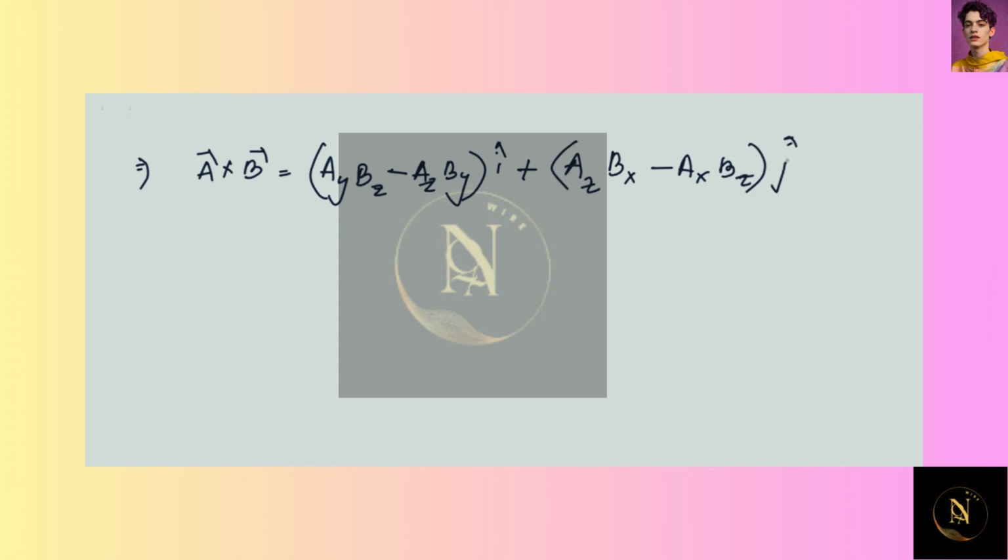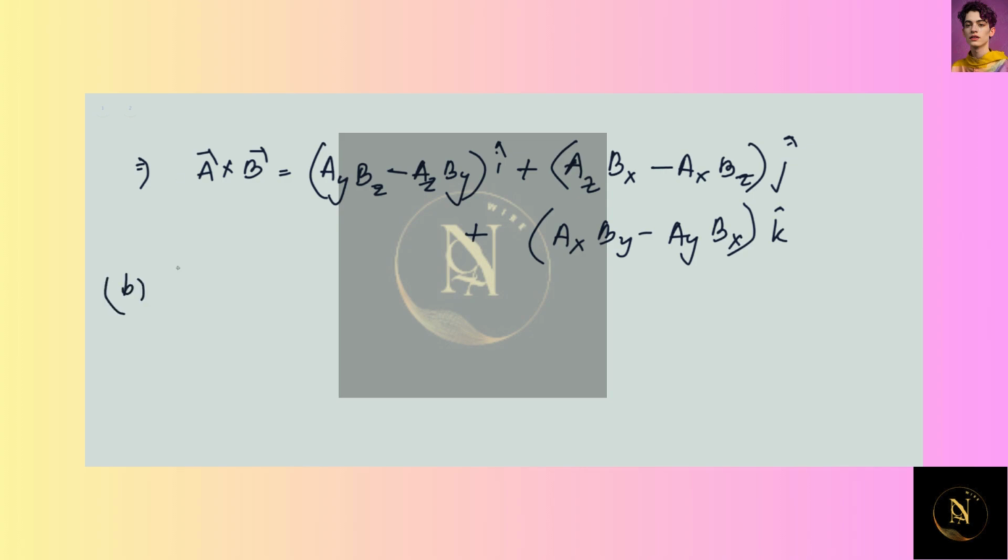This will be the jth component of A cross B. And lastly, we have the kth component. And this is exactly the expression that we are asked to prove.